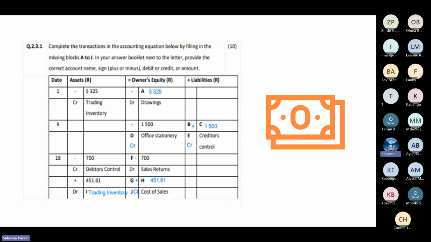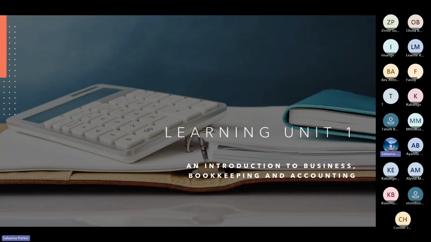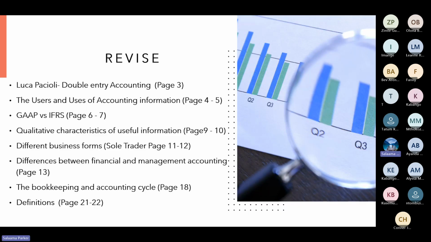Okay, so for learning unit 1, an introduction to business bookkeeping and accounting. This was where you were introduced to the language of accounting, the very important double entry rule, so many concepts. So lots of theory that you need to focus on here.